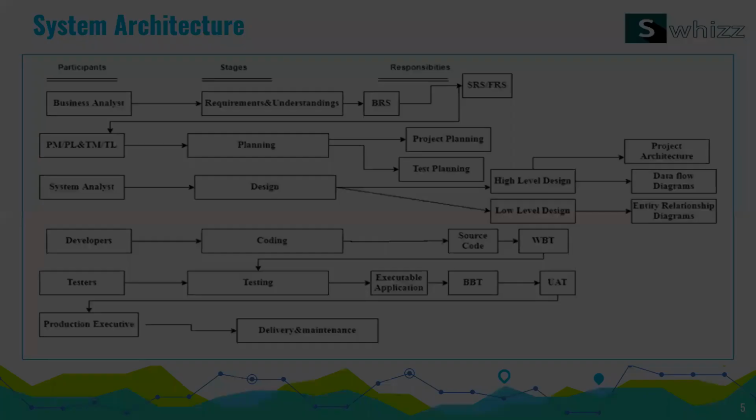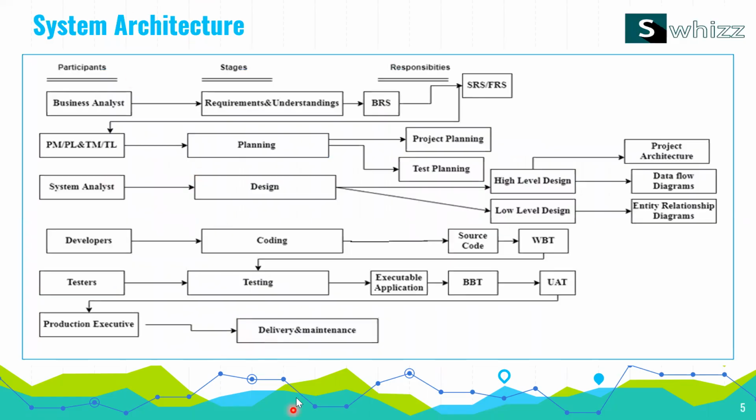Next, what is the exact system architecture we have? You have to know this. If you understand it, you will understand how exactly a project is developed in a company. Very first, the business analyst will be there.